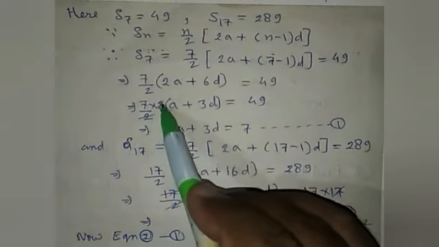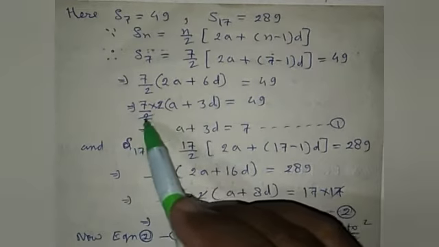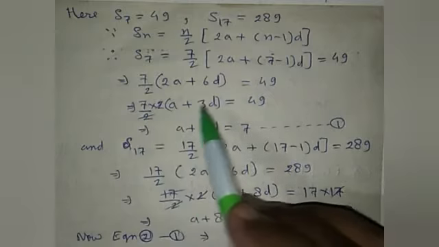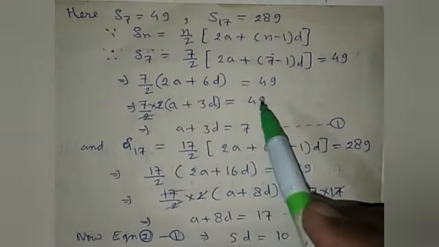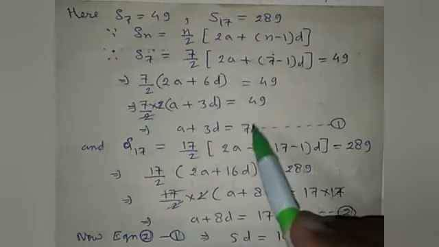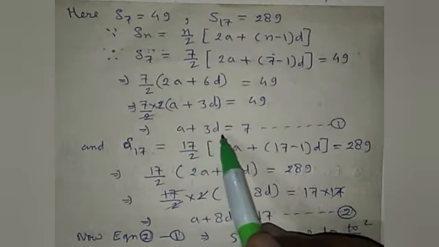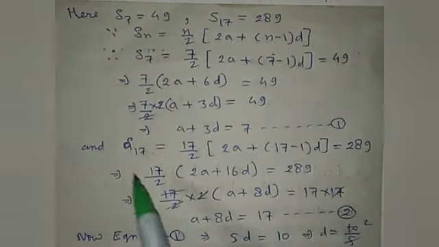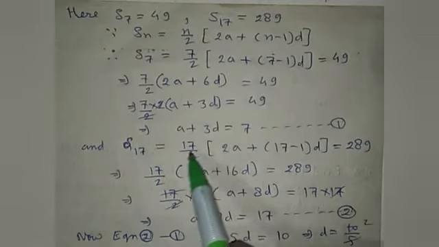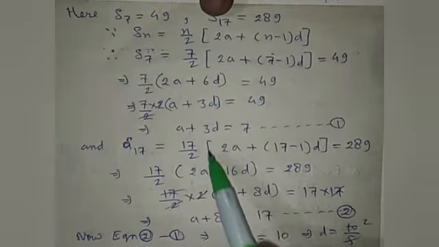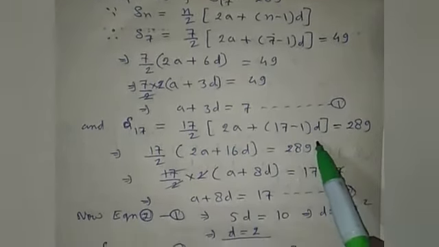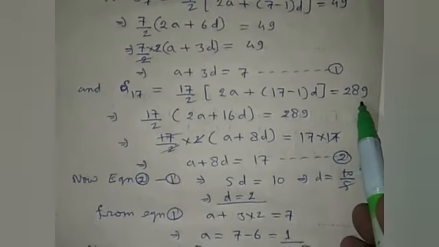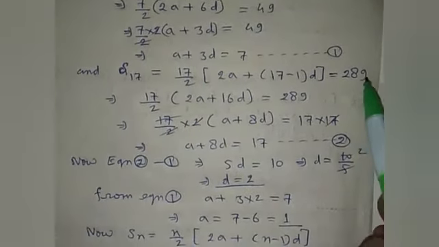Taking 2 as common, here 2 is cancelled out by the denominator. So here it will be equal to A plus 3D is equal to 49 divided by 7, which will give 7. So first equation is A plus 3D equal to 7. Now S17 is equal to 17 divided by 2 into bracket 2A plus 17 minus 1 into D, that is given as 289, sum of 17 terms 289.